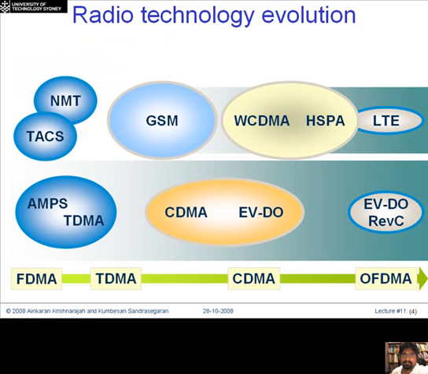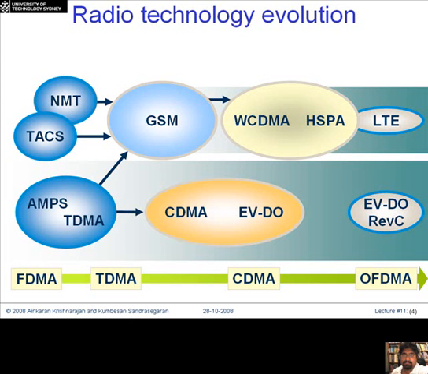Okay, if you go back further, I think you would have seen all of these technologies by now. The technologies on the top there represent the 3GPP ones, and the ones at the bottom are essentially 3GPP2. So as time went on from first generation to second generation GSM, and then to wideband CDMA, and then HSPA, and then to LTE.